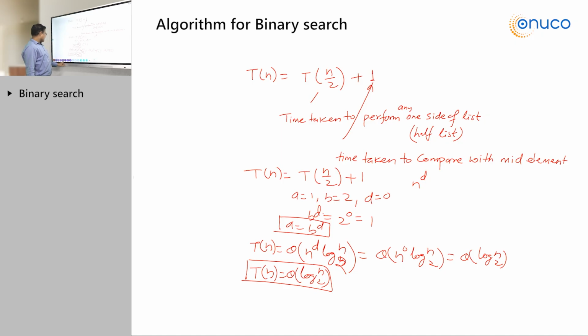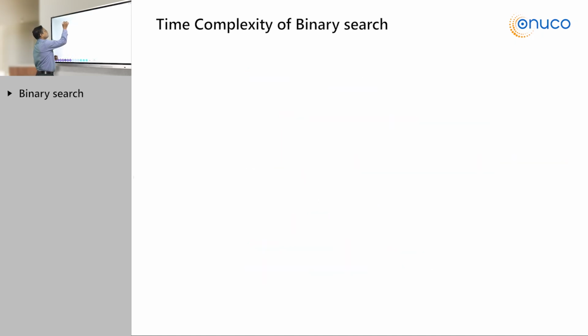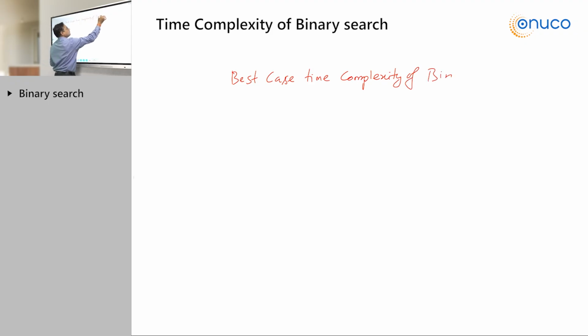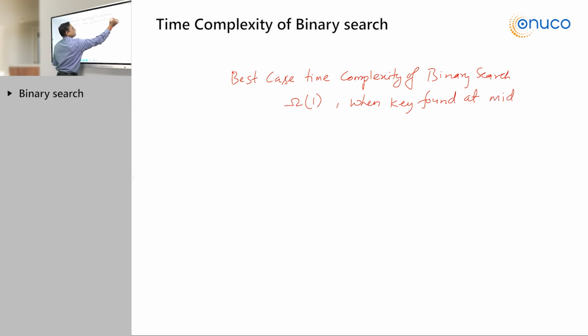So, remember that when we are talking about the best case time complexity of binary search, it is omega of 1 when the key is found at the mid position.